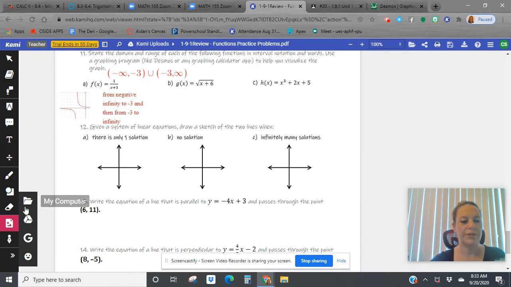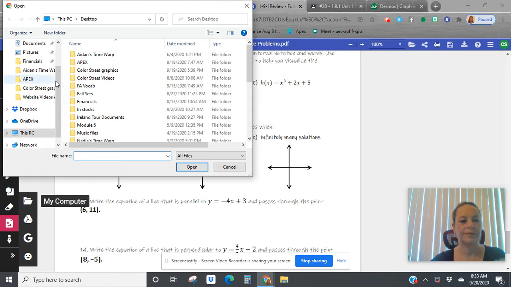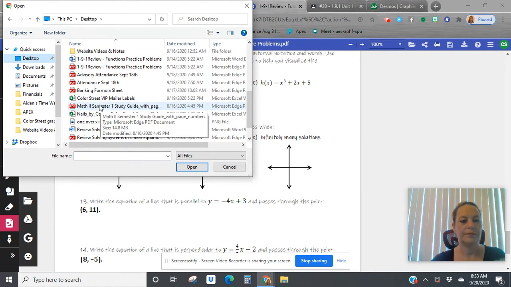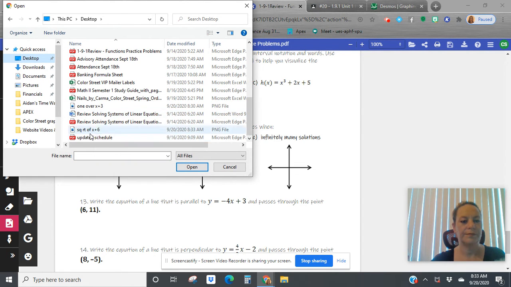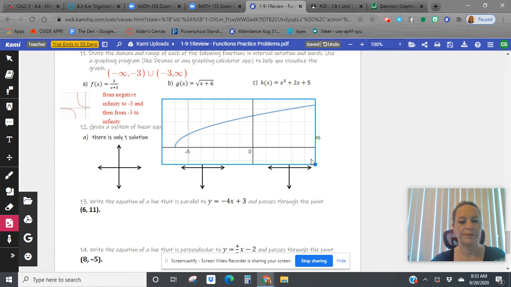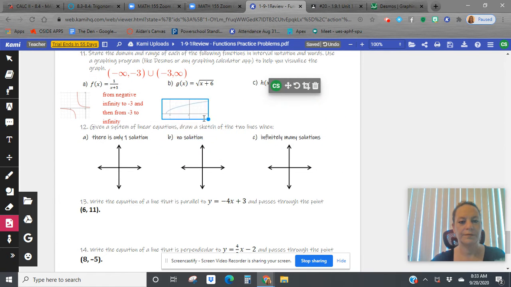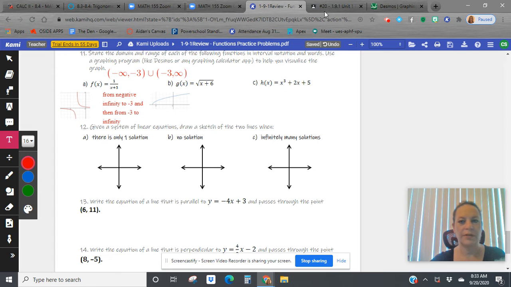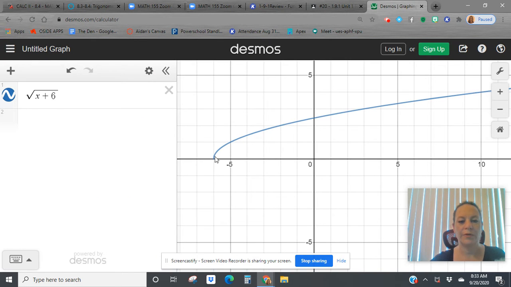Insert the image. All right, so this domain goes from negative 6 to infinity.